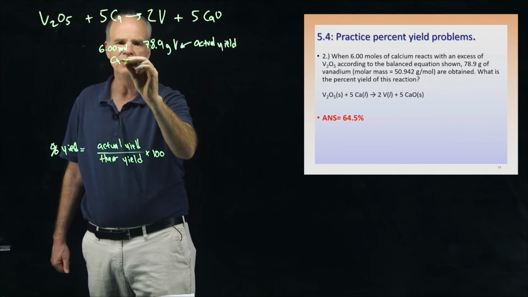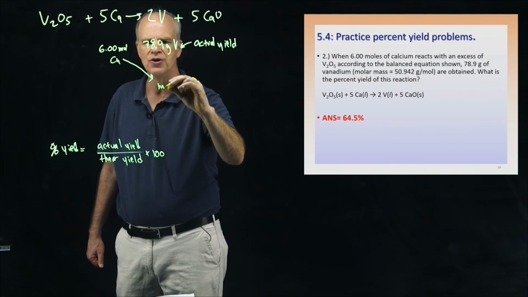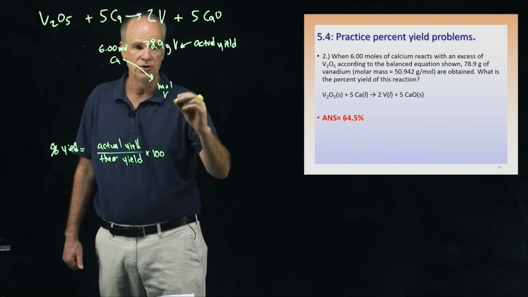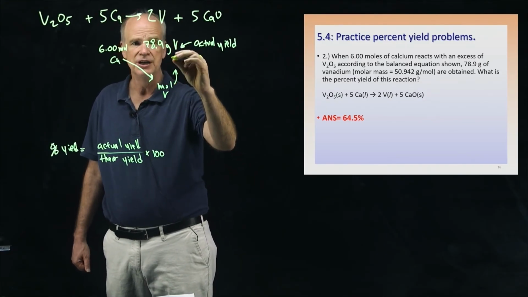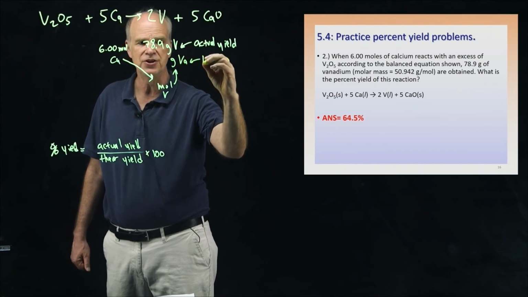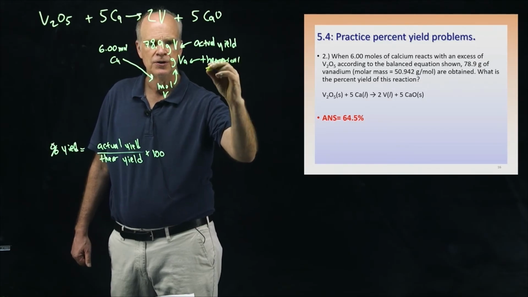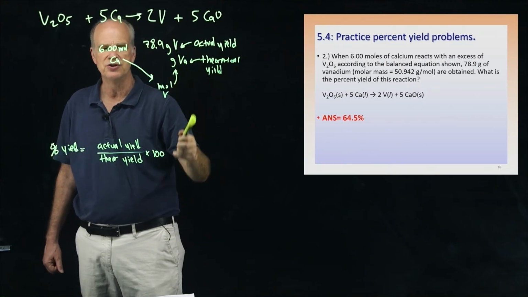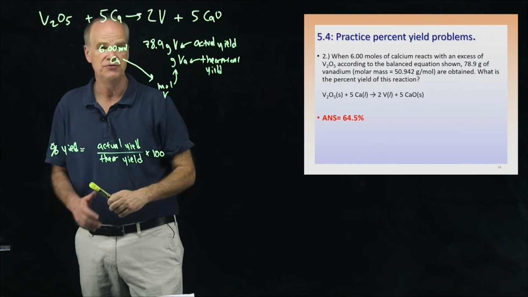So if you know the moles of calcium you have, you can figure out the moles of vanadium you should get. And then once you get the moles of vanadium, you can, using the molar mass of vanadium, which is given to you, get the grams of vanadium. And so that will be the theoretical yield. And so once you figure out the theoretical yield, you divide that into the actual yield and multiply by 100, and then that should give you the answer.